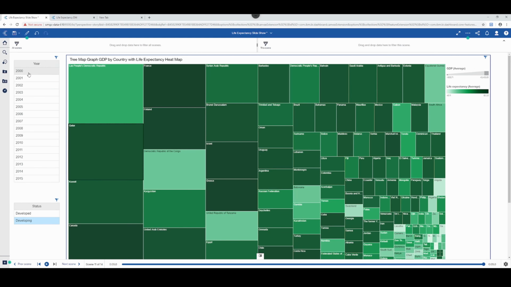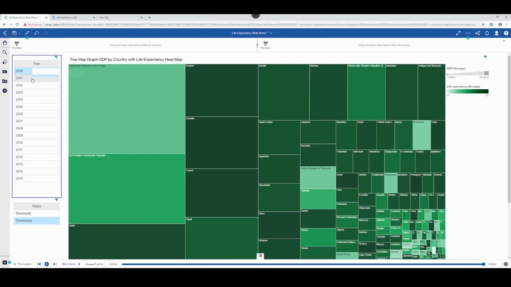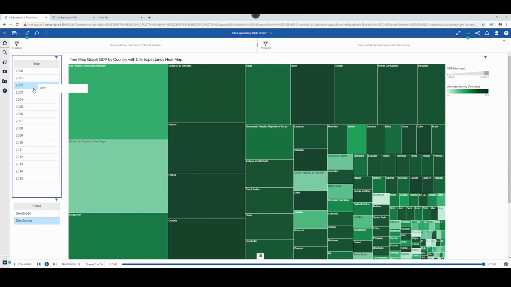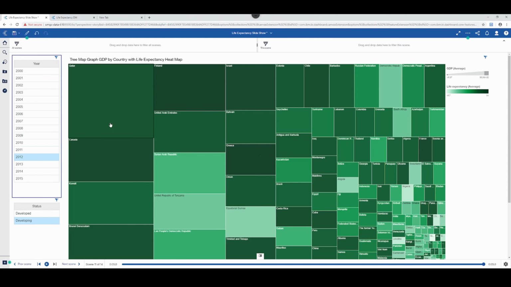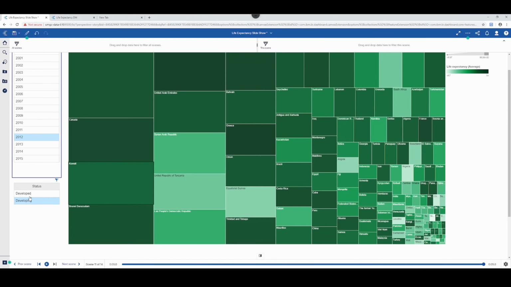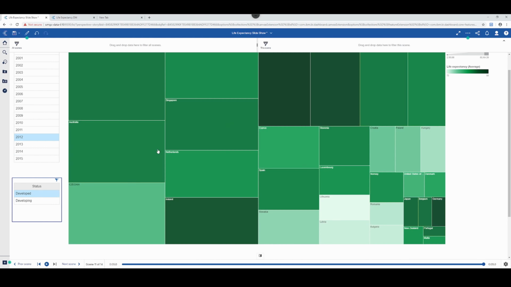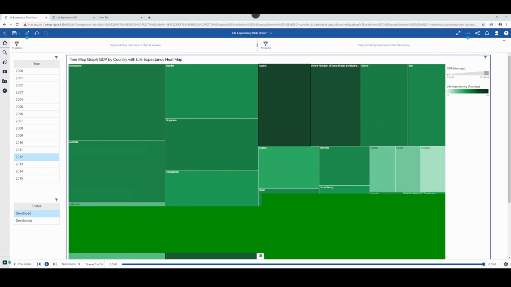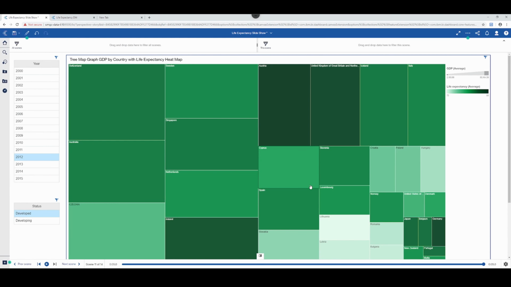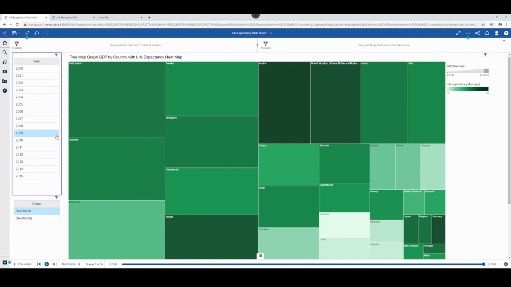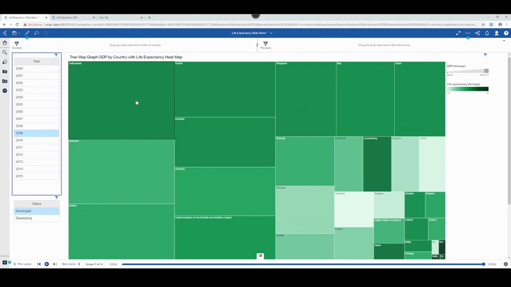And again, we can filter this by year. So here the user can pick out any country and we'll see exactly what their GDP in each year and what their life expectancy in each year was.